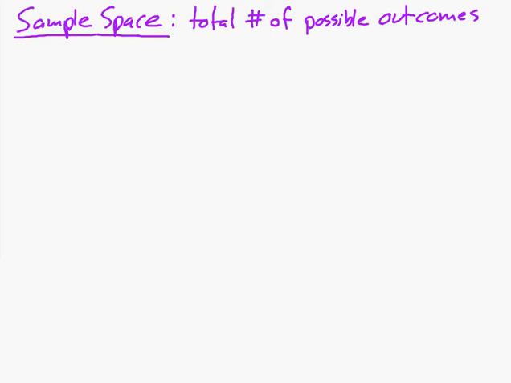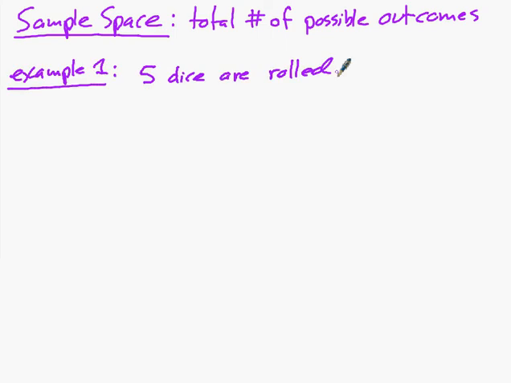Here's example 1. 5 dice are rolled. And what are all the possible outcomes of those 5 dice that get rolled simultaneously? Now, this is what's known as repetitive events, in which each event has the same number of individual outcomes.